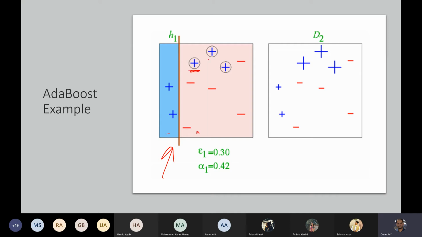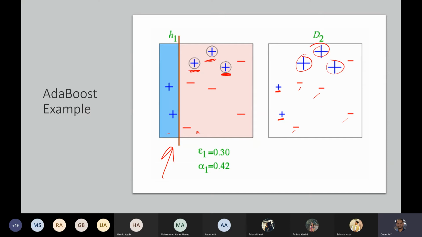So for these data points you have made errors, so you are going to give them more weightage. The size of the plus indicates that I'm giving them more weightage. The size has decreased here, so I'm giving less weightage to them because they were rightly classified. Similarly, this was also rightly classified. So only these three were wrongly classified, so I'm giving them more weightage.